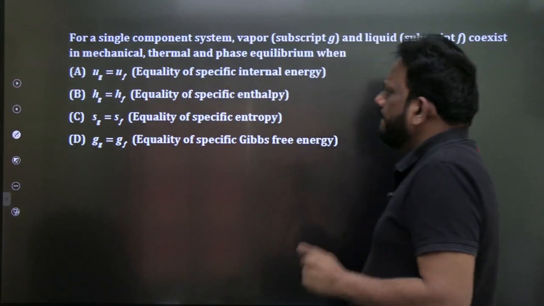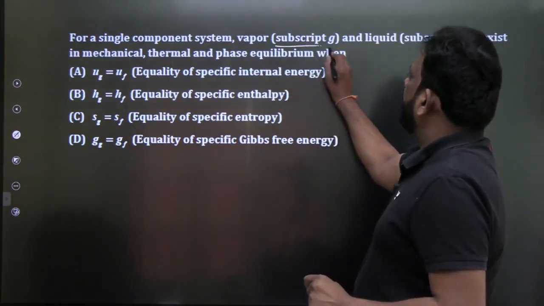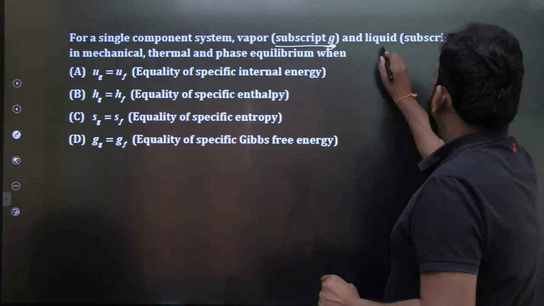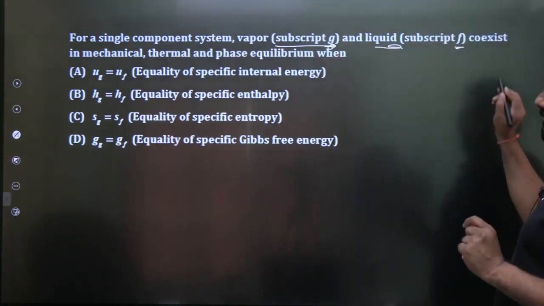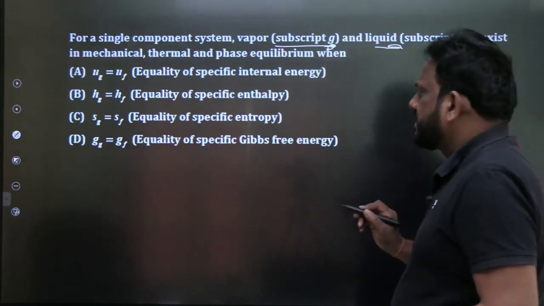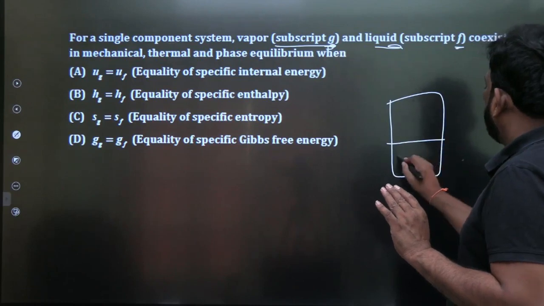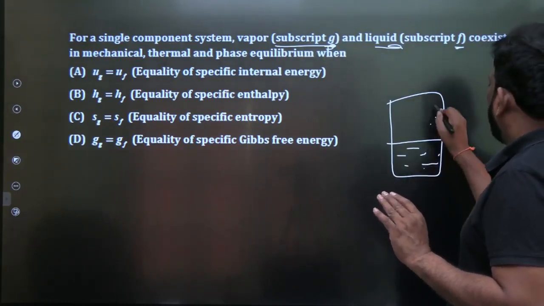Now read this question. For a single component system, the saturated vapor is represented by G and the saturated liquid is represented by F, and they exist in equilibrium. Okay. Now, he said for example, there is a liquid-vapor mixture.